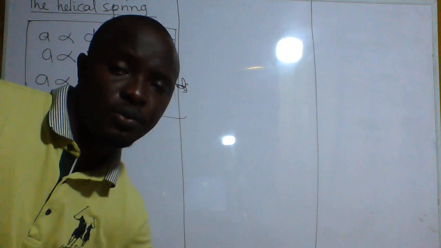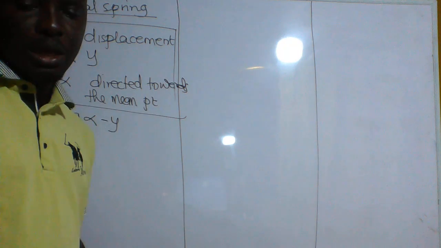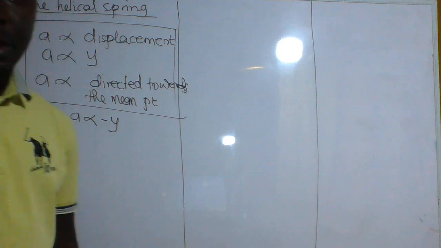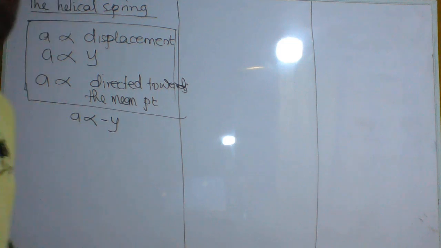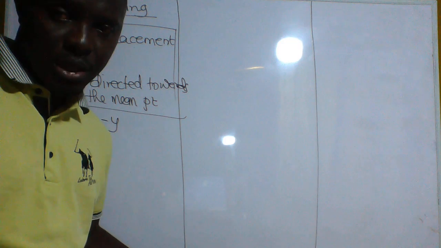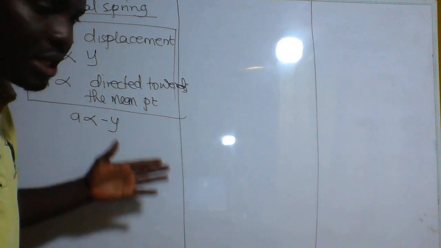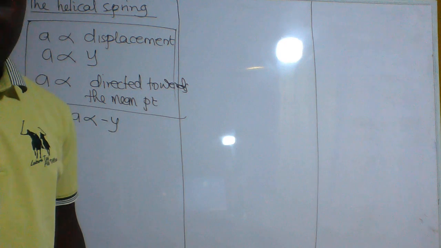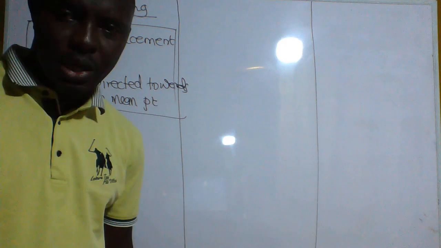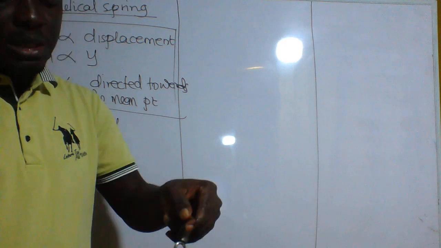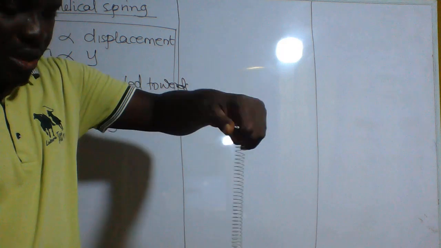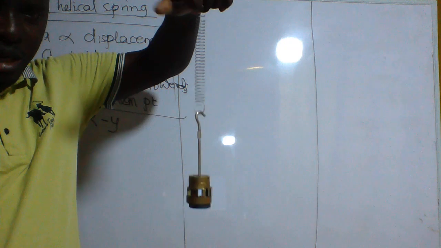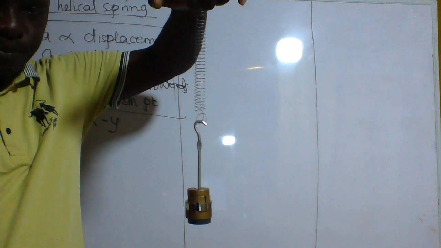So we are going to look at the helical spring, or the loaded spring, to see if it has these listed attributes. But what is a helical spring or loaded spring? This arrangement is what we are calling a loaded spring.